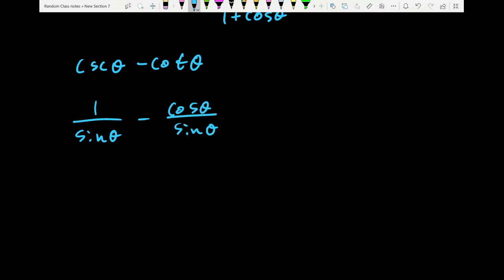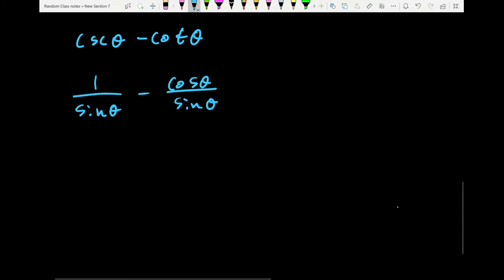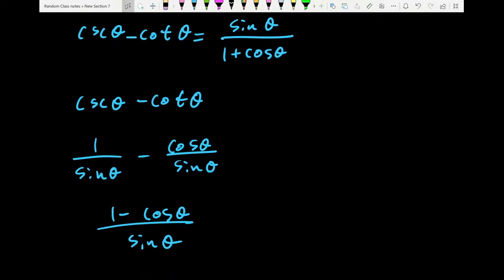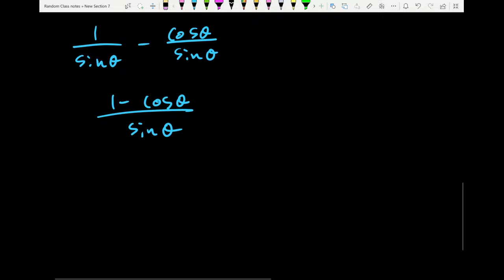Is that right so far? And then I get 1 minus cosine of theta over sine of theta. It's not there yet. Look at it. It's kind of like the reciprocal of it, but it's the negative of that. So what can I do to this?